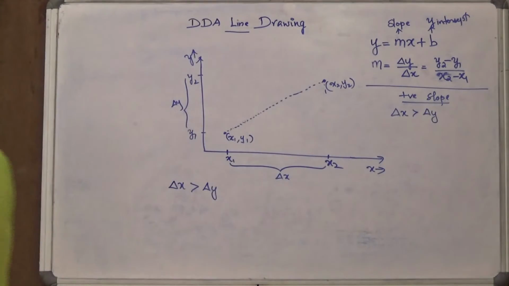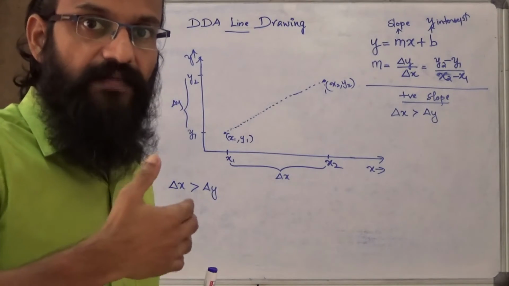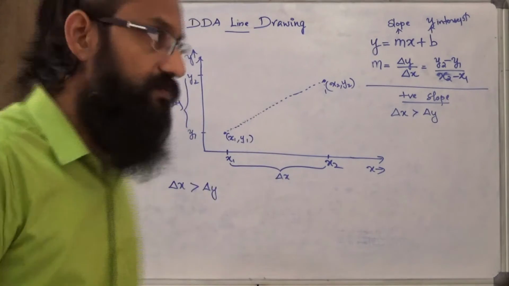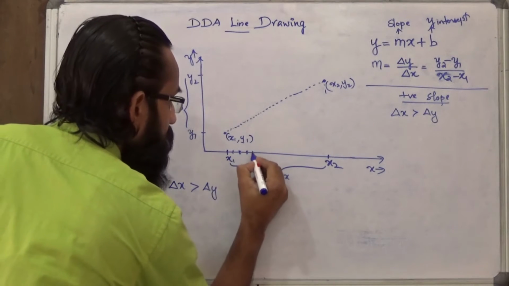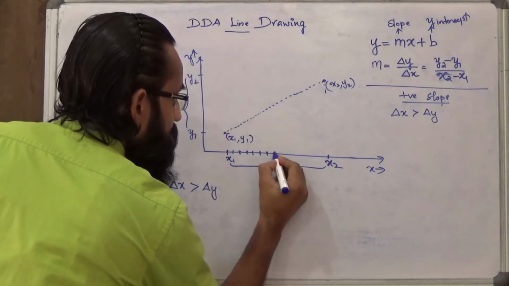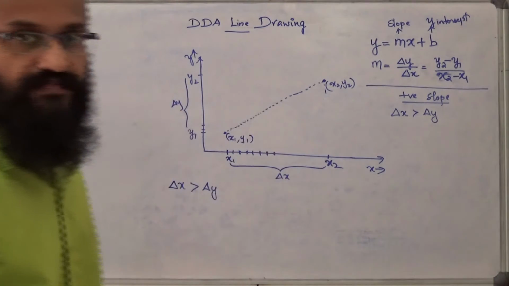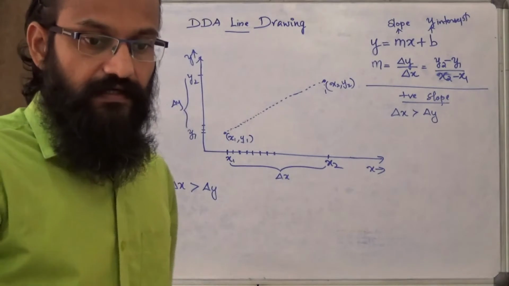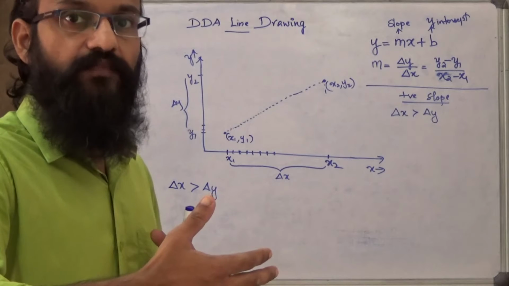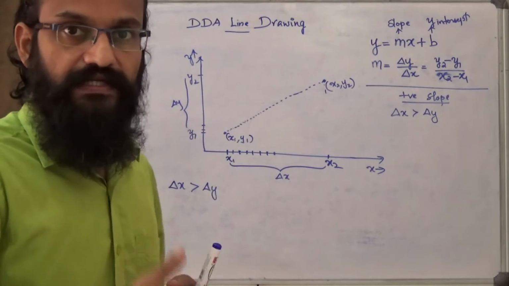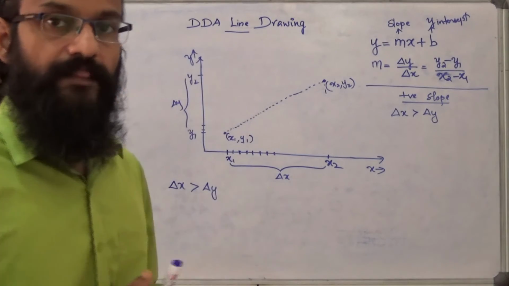If delta x is greater than delta y, then in the DDA line drawing algorithm, just sample x at unit intervals and determine the corresponding y values based on the slope intercept equation. The reason is that if you sample x at unit intervals, you will get the maximum number of intermediate points between the endpoints, the maximum number of samples, so that you can determine the corresponding y values.